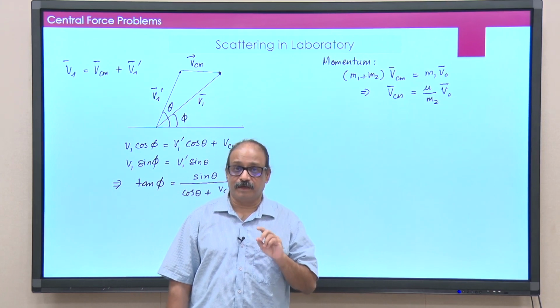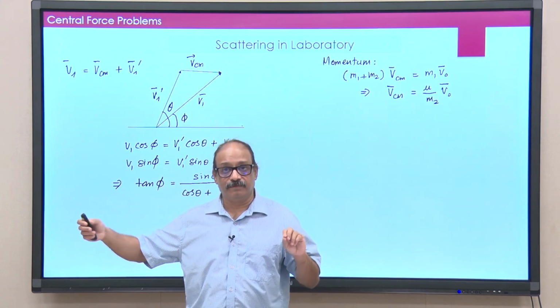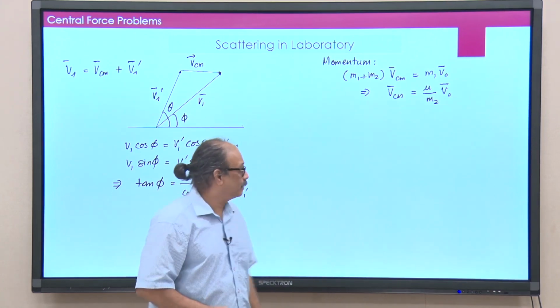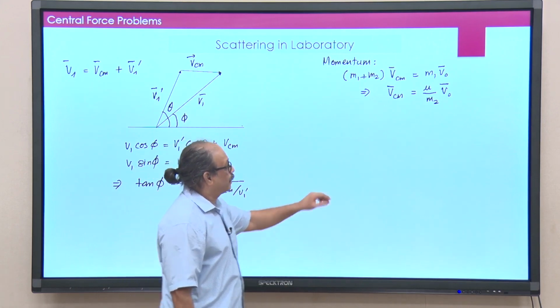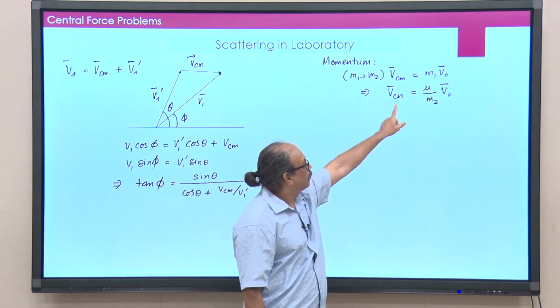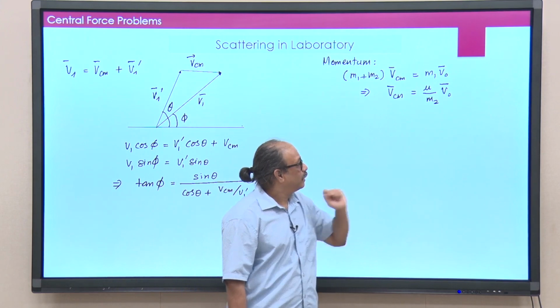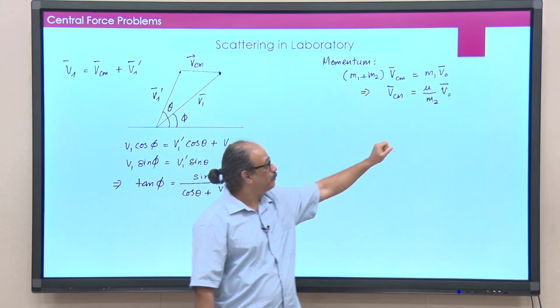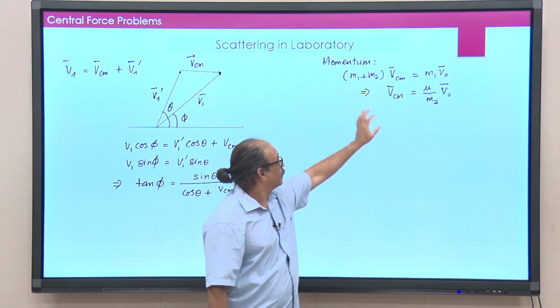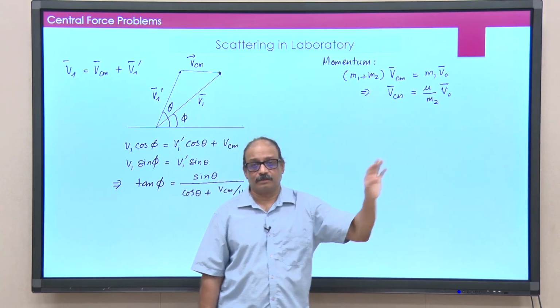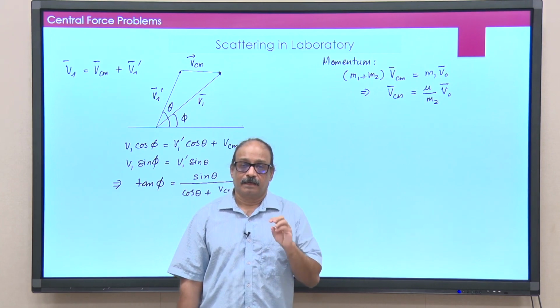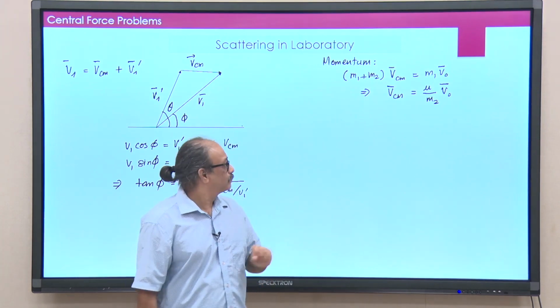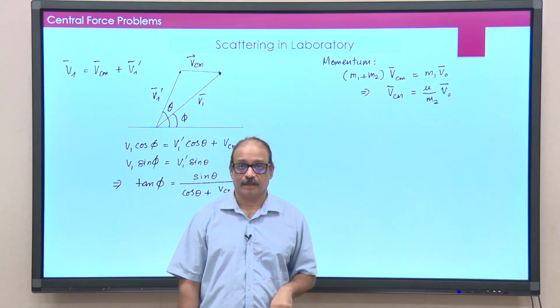V 0 is the velocity at r is equal to infinity when the particle was injected in. Then I can write this as the velocity of center of mass is nothing but mu divided by m 2 times V 0. Can you see that? If I take this m 1 plus m 2 to the right hand side and multiply and divide by m 2, that gives me this equation.